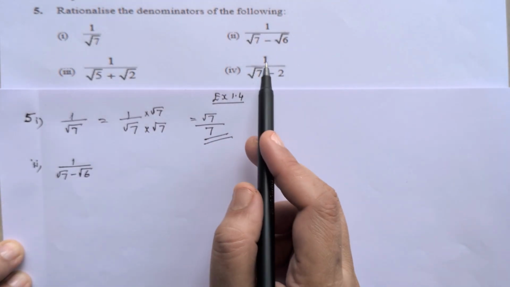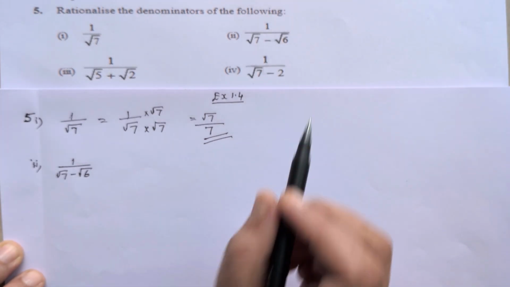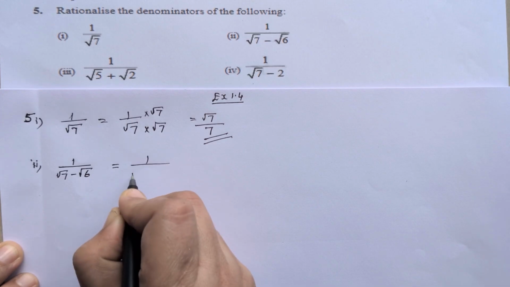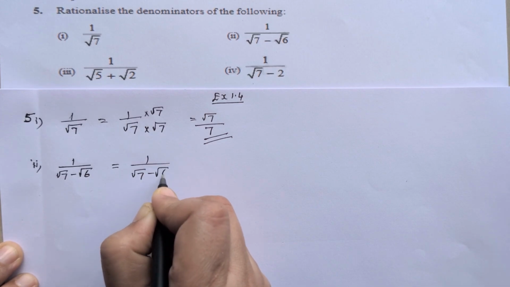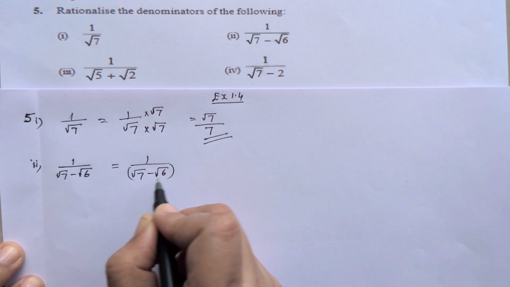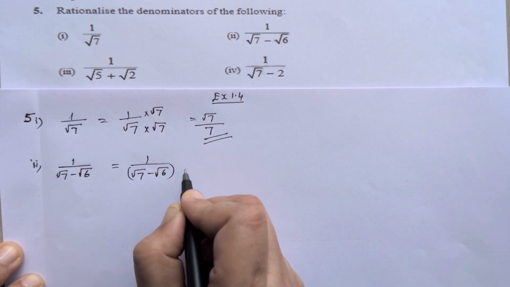Second one, 1 by (root 7 minus root 6). The denominator contains two terms. We can rewrite that as 1 by (root 7 minus root 6). We have to multiply the numerator and denominator with the conjugate of this denominator, that means with the opposite sign of the second term.